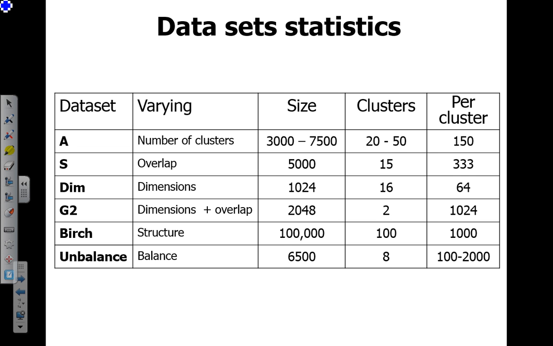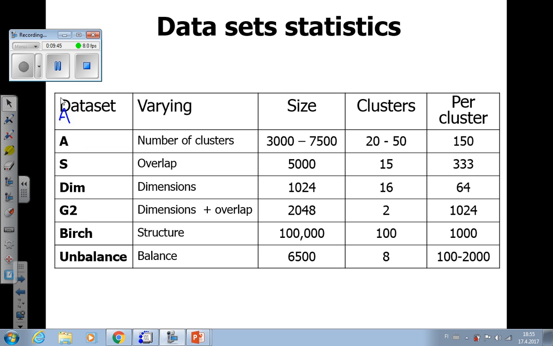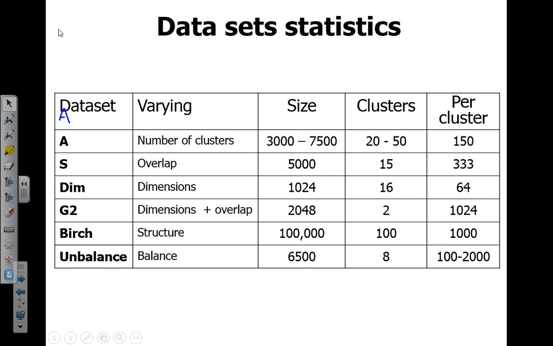All of them existed before, but were not so well documented, so I try to summarize here what the datasets are and what their special properties are. First, the A datasets. The A datasets have a varying number of clusters. There are 3 different sets, A1, A2, A3, with 20, 35, and 50 clusters, and 150 points per cluster.